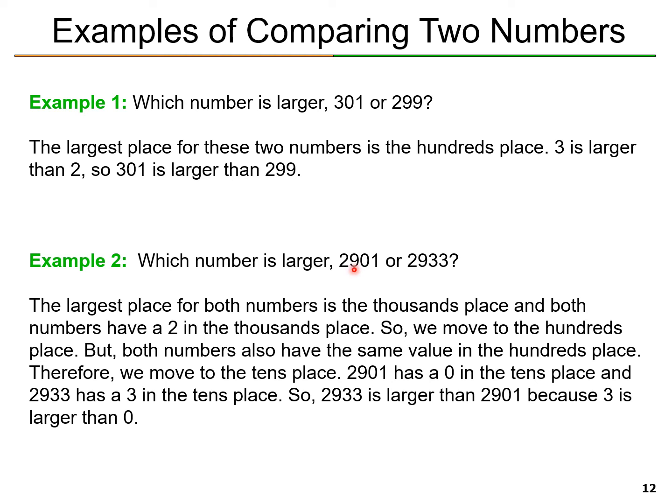We go to the hundredths place. This number has a 9 in the hundredths place. This number has a 9 in the hundredths place. So we have to go to step number 3. We go to the next largest place, which is the tens place. This number has a 0 in the tens place. This number has a 3 in the tens place. Because 3 is larger than 0, 2,933 is larger than 2,901.